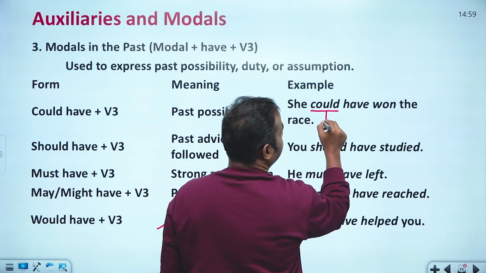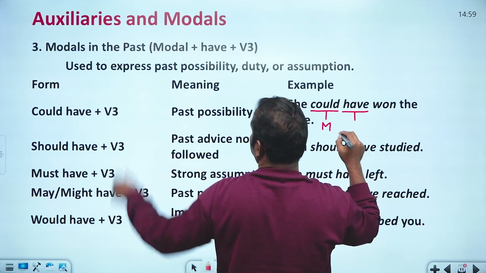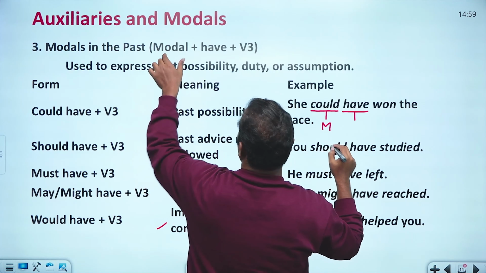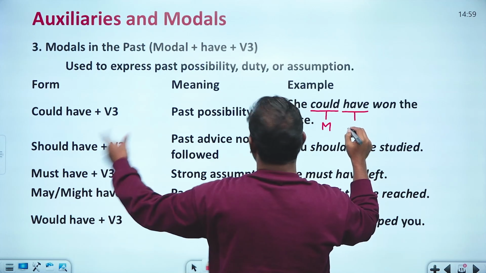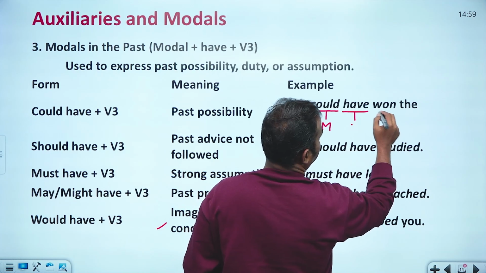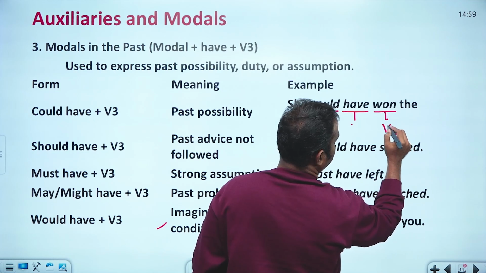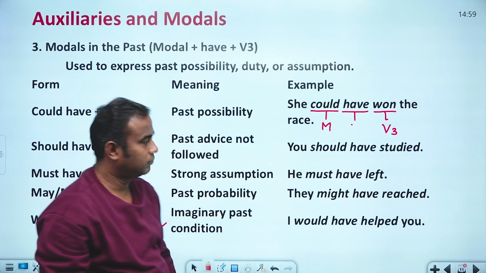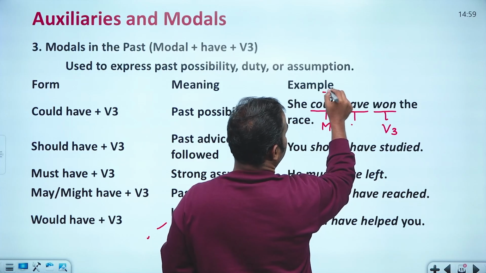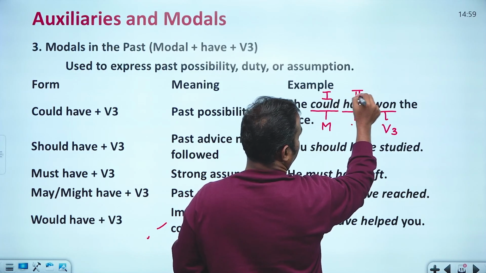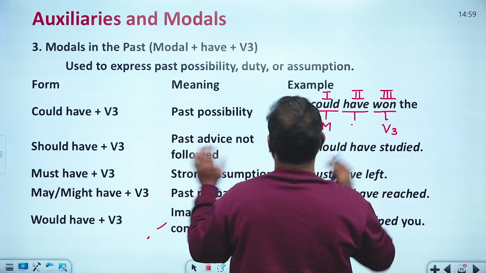This is the modal, this is the have verb as expressed here, and then the verb in V3 form. Three things must come into the picture, all these three things should come in here.